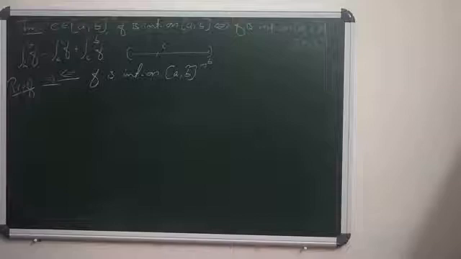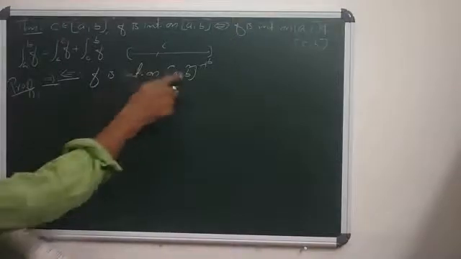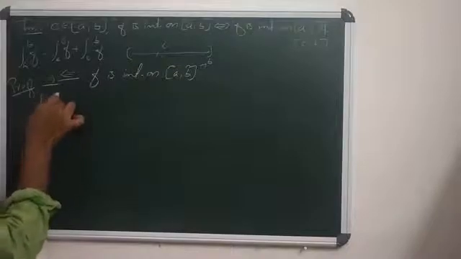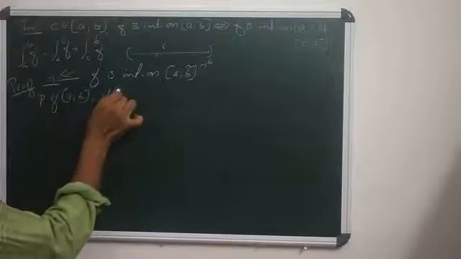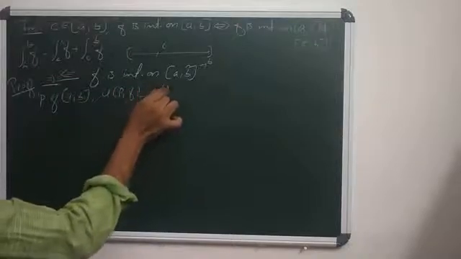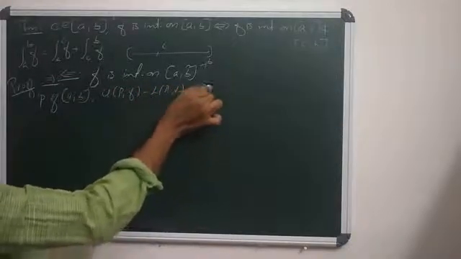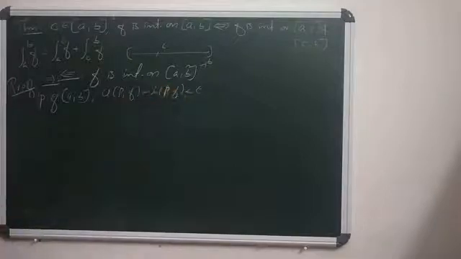That is the reverse inclusion. Since f is integrable on [a,b], for any partition P of [a,b], by the Riemann criterion, U(P,f) minus L(P,f) is strictly less than epsilon.